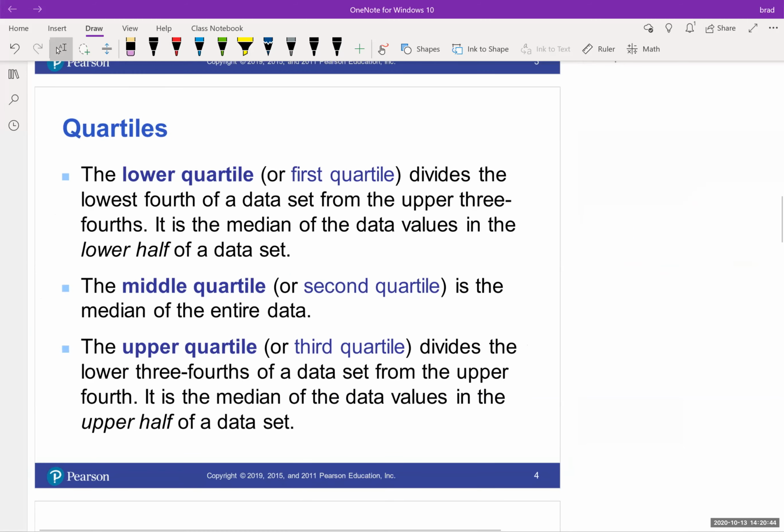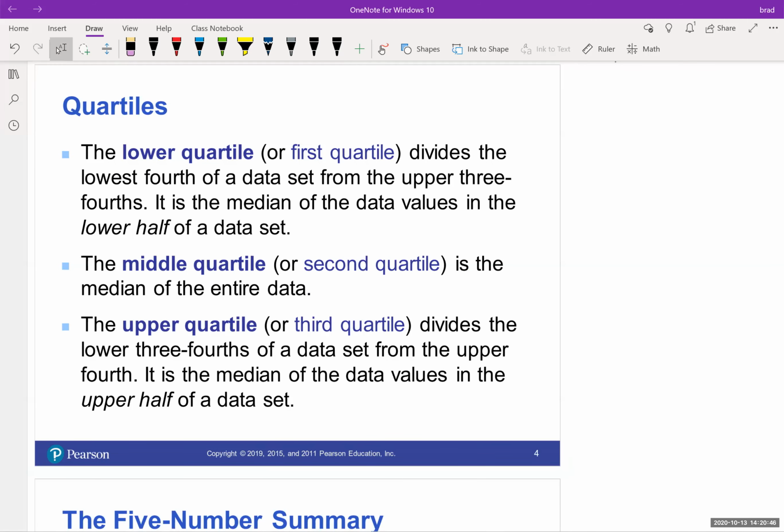Something we're going to talk about that will lead us into box plots later in this section is quartiles. A good way to think of it is quarters. Quartiles is a fancy way of saying you have divided something into quarters.